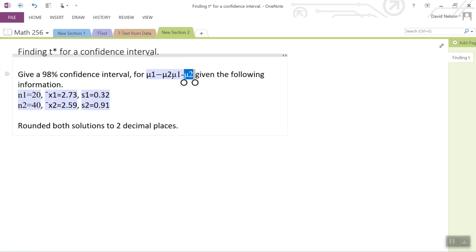Our first sample size is 20, with a mean of 2.73 and a standard deviation of 0.032. And n2 is 40, with a mean of 2.59 and a standard deviation of 0.91. What we're trying to do is find a 98% confidence interval for the difference between the two population means based on these two sample means.